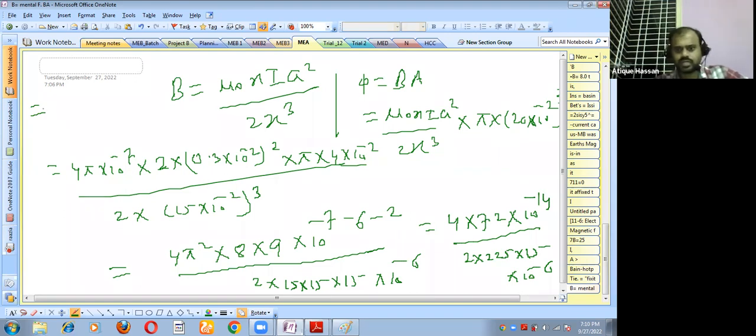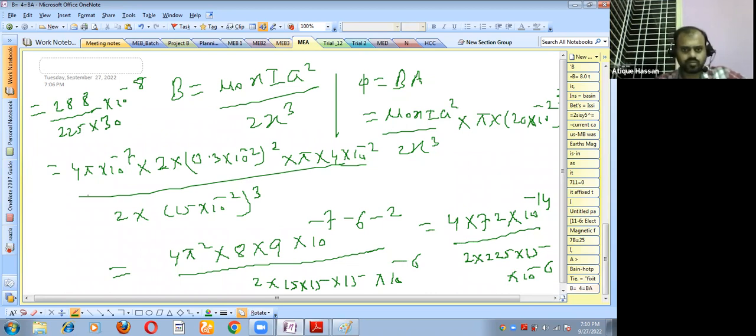So now we can calculate it. 288 by 225 into 30 into 10 to the power minus 8.